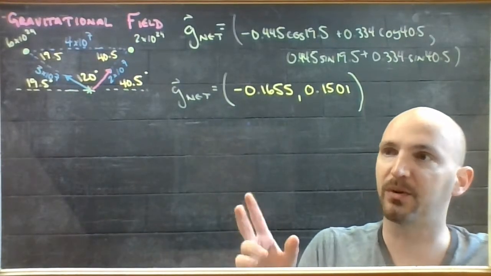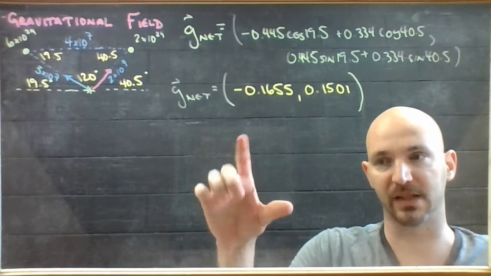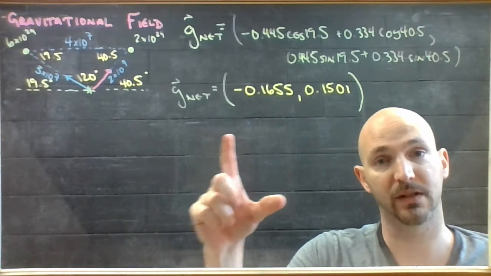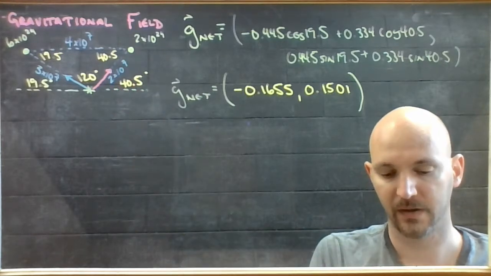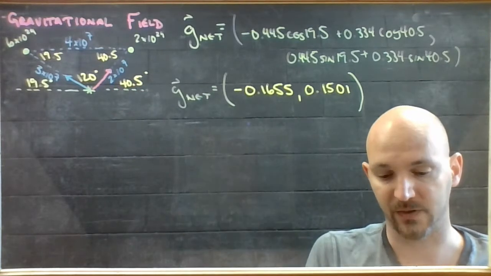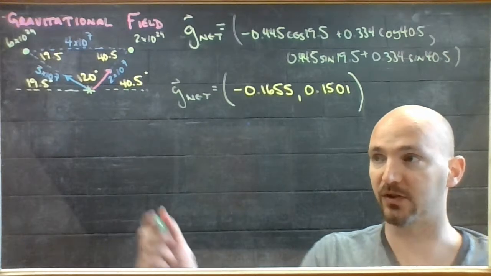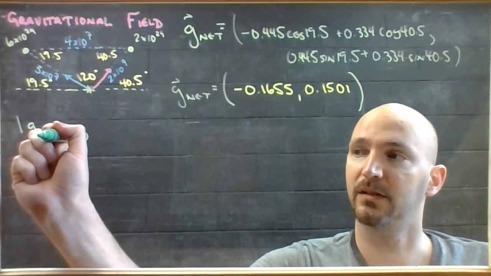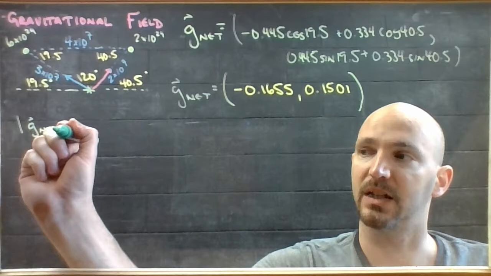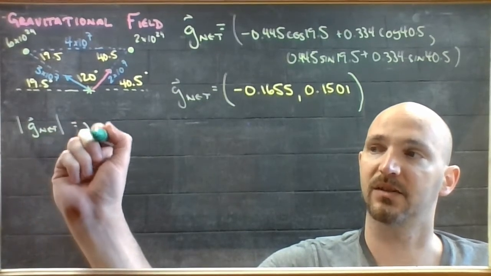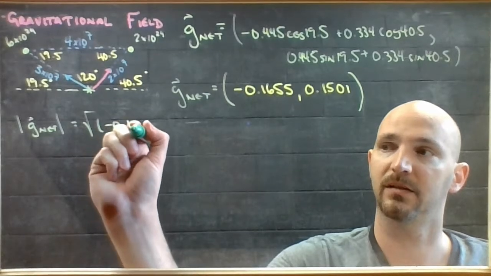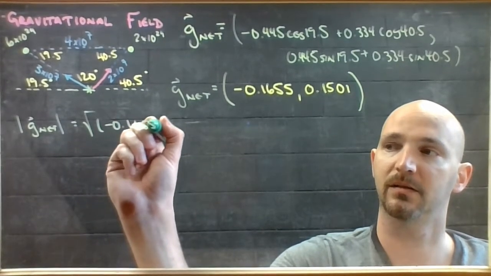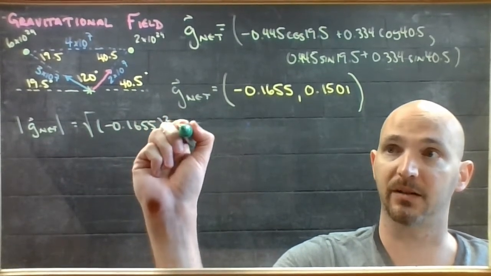It's always good to put it back into that other format, which is the absolute acceleration and then an angle relative to your origin. So I'm going to get the actual size of my gravitational field here. Size of G net will be the square root of this squared. I'm just using Pythagorean theorem.